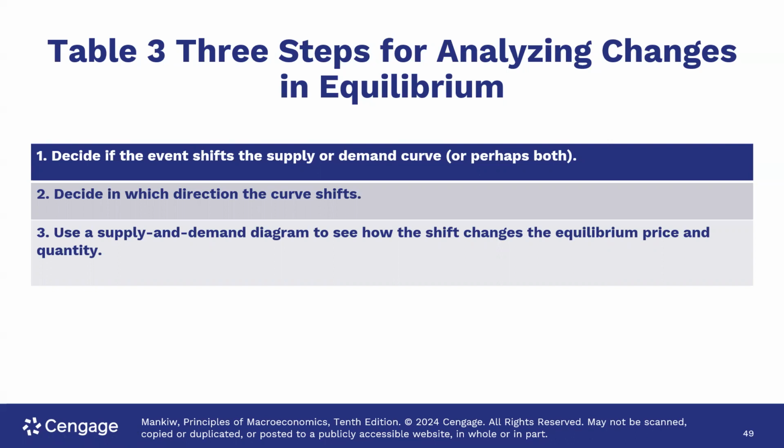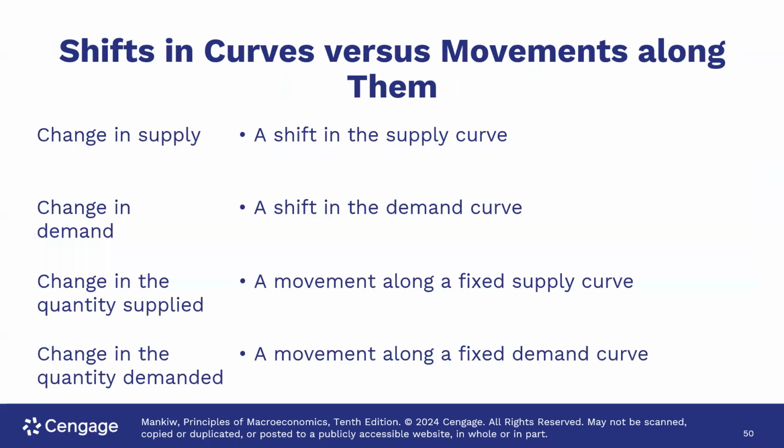So, 3 steps for analyzing changes in equilibrium. First, decide if the event shifts the supply or demand curve, or perhaps both. Second, decide in which direction the curve shifts. Third, use a supply and demand diagram to see how the shift changes the equilibrium price and quantity. All right.